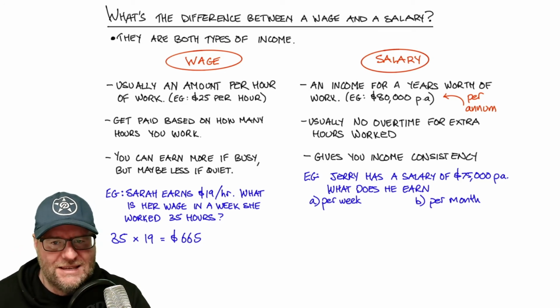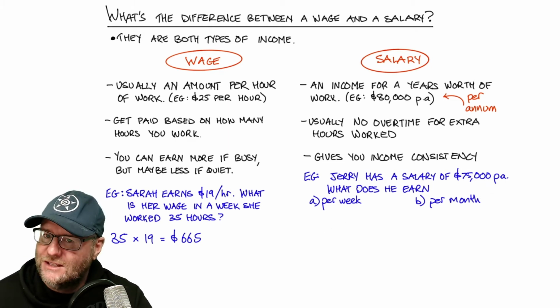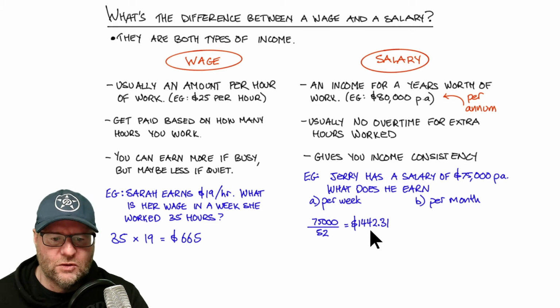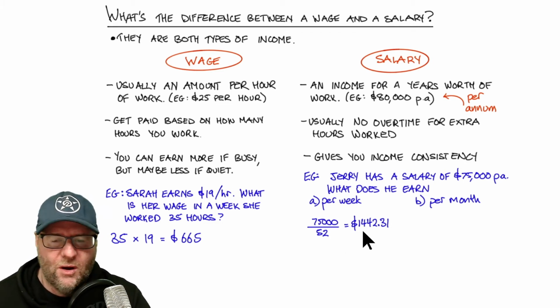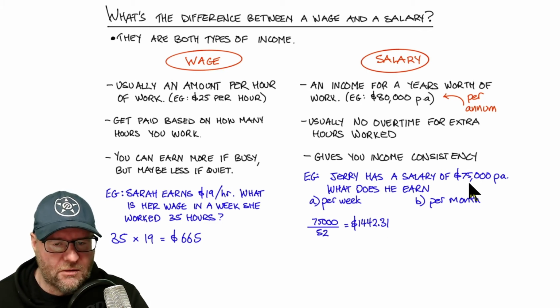So we take the $75,000, this is Jerry's salary, and we're wanting to know how much per week. There are 52 weeks in 1 year. So I take the 75,000 and divide it by 52. That gives me this amount here. So that's what Jerry gets per week for an equivalent of $75,000 across a year.